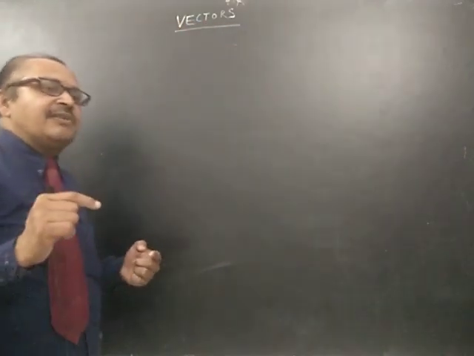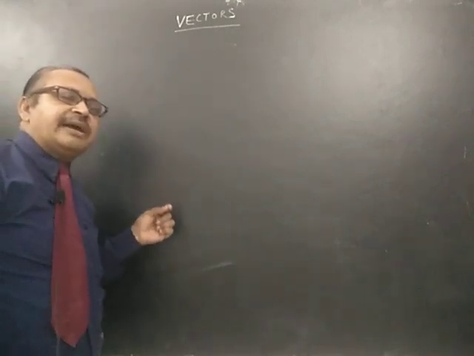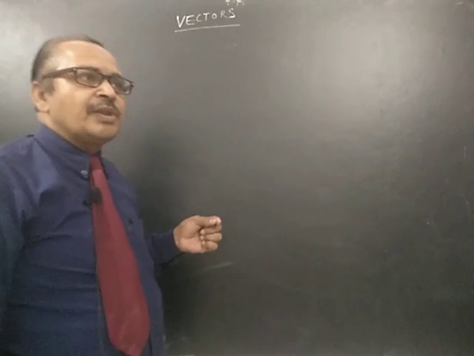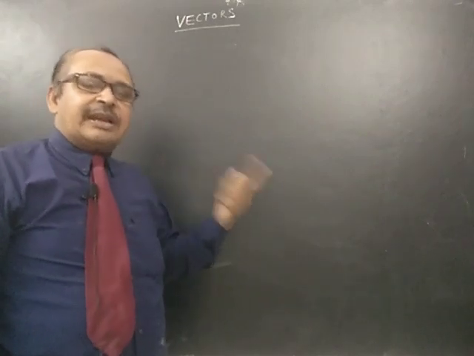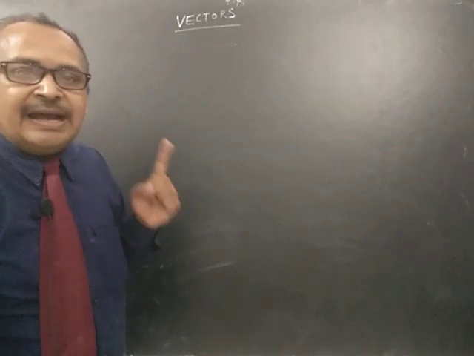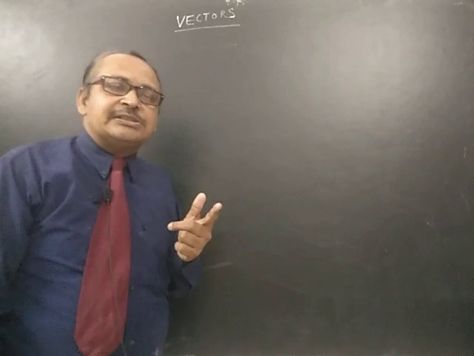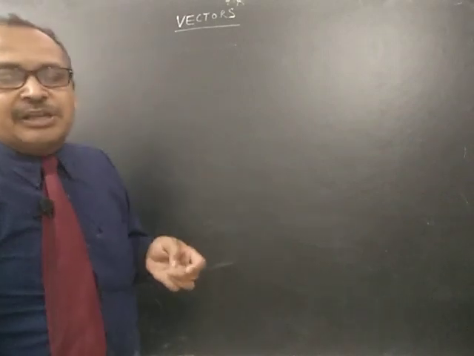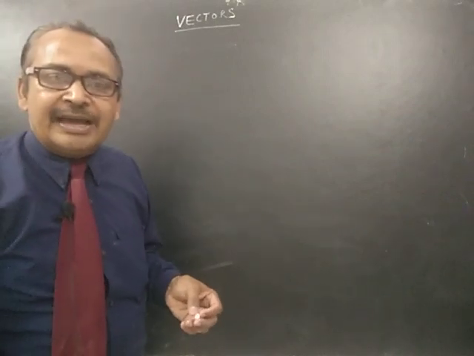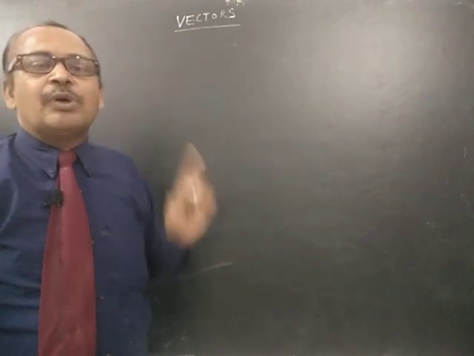That is the reason why from now onwards, whenever we write a quantity which we want to express as a vector, we have to differentiate it from other quantities, and that differentiation is done by putting an arrow over the head of that quantity.